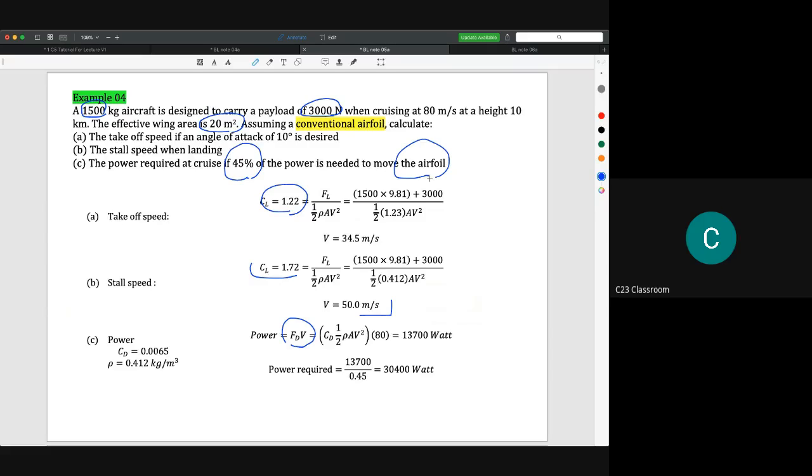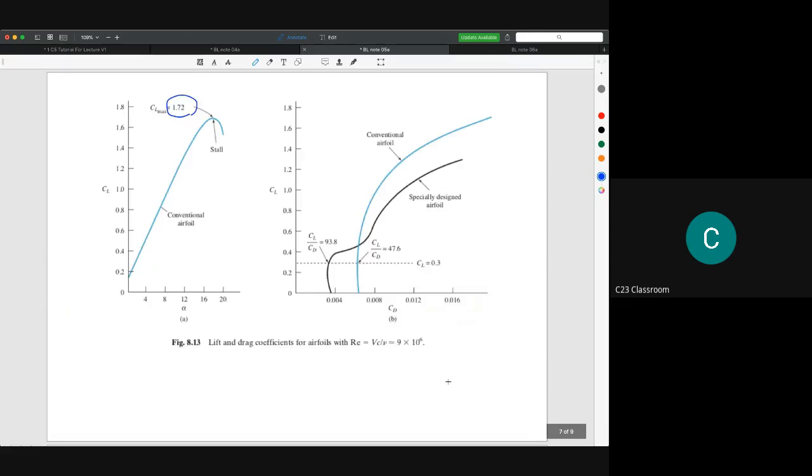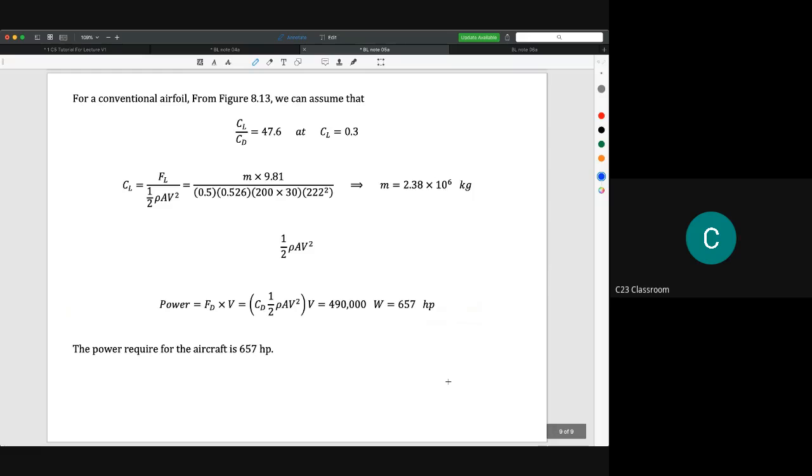So we know that it actually shows the efficiency. Okay, so then we could have 13,700 over 0.45. So we need a required power of 30,400 watt.